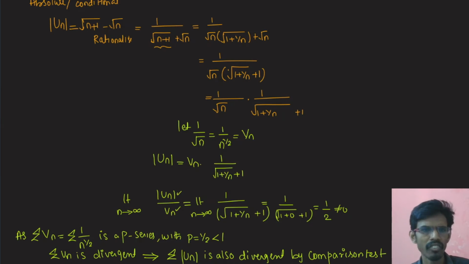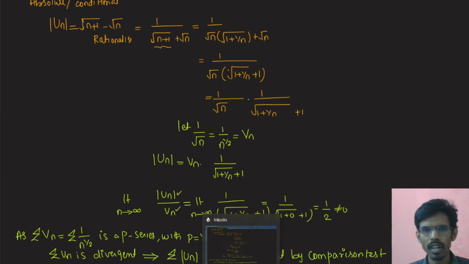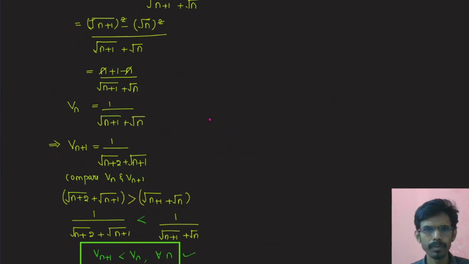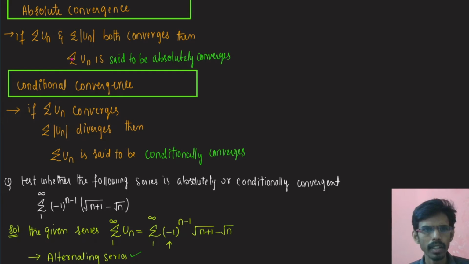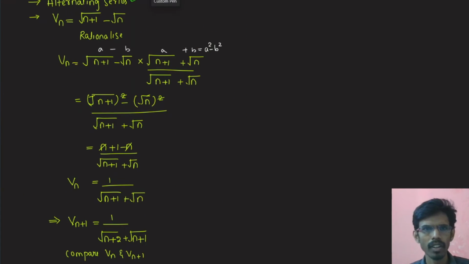So here Vn is diverging, that's why mod un is also divergent. Now by this condition, see here, in conditional convergence, un converges, mod un diverges, then it is said to be conditional convergence.